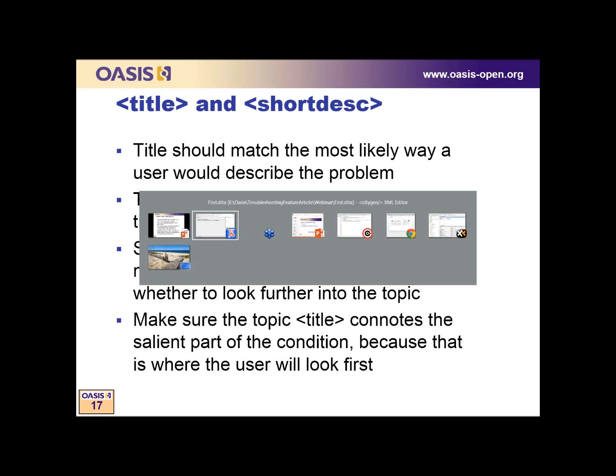Short description should elaborate just a bit more on the title to help a user decide whether or not they really want to take a look at the topic. And the key thing I want to emphasize here is that the title really needs to connote the salient part of the condition or symptom, because that's how the user is going to look for it.